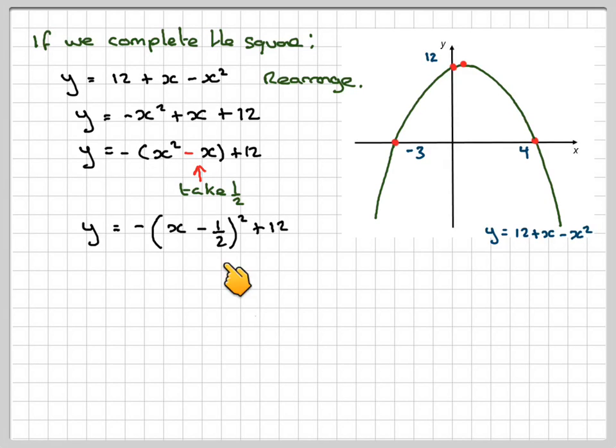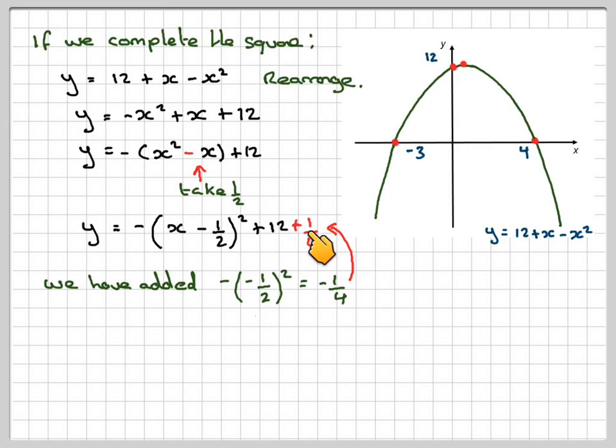Now we have actually added something in, and what we've added in is that minus sign times minus a half all squared, so we need to work out what this is. So minus a half squared is a quarter, but we've got the minus sign in front, so we've got minus a quarter. So here we have to now add a quarter. 4 12s are 48 plus 1, which is 49. So we get minus, x minus a half squared, plus 49 over 4.